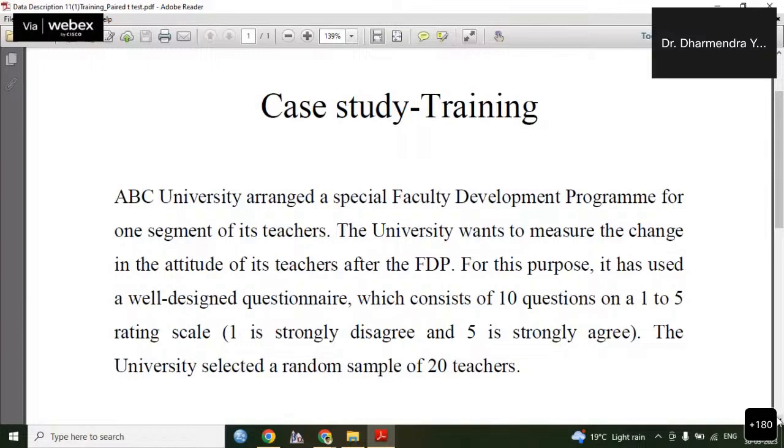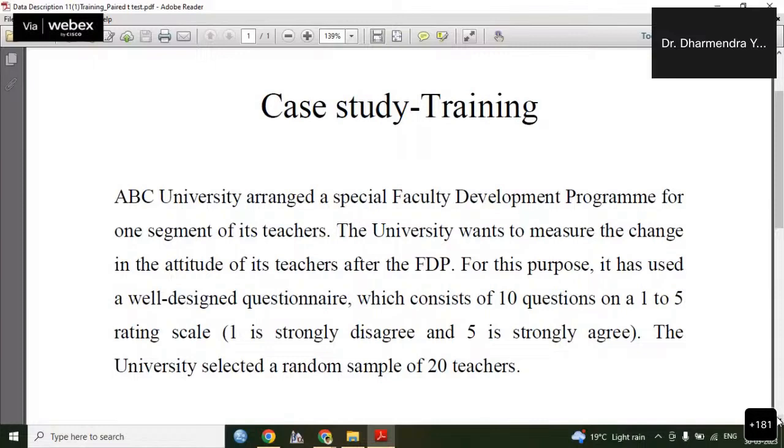Okay, suppose you have been attending this workshop for the last 3 months and you want to check whether this FDP or workshop program is useful for you or not. So how will you check? You will check the knowledge before attending this event and the knowledge after attending this event.